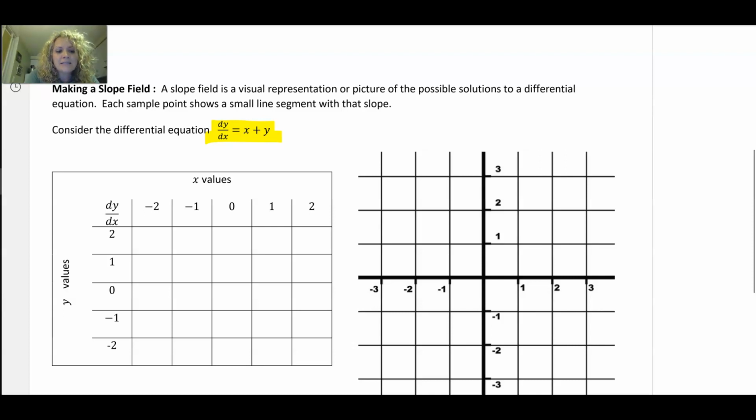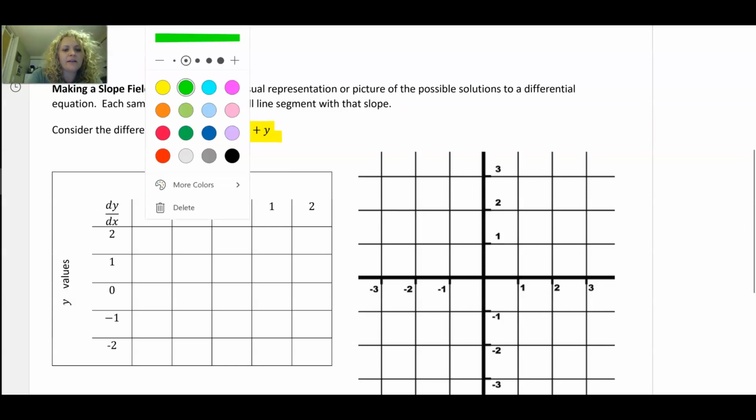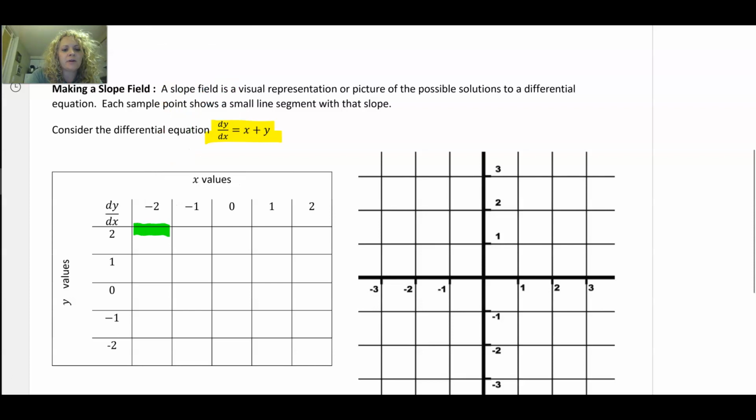In this table, I'm going to represent what the slope is at any ordered pair (x, y). This first box, which I'm going to highlight green to draw attention to it, represents the ordered pair (-2, 2).